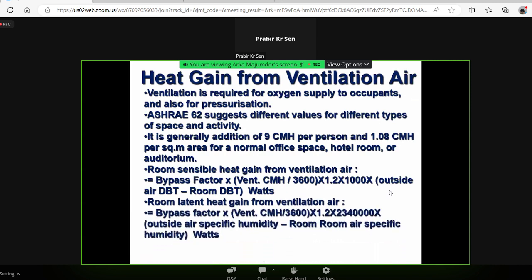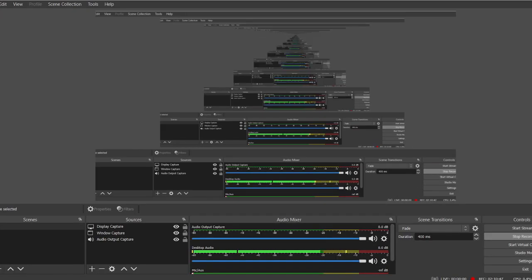This is the room ventilation air latent heat: 0.12 bypass factor, ventilation CMH, into 1.2, into 2.34, then the outside specific humidity, that means moisture content in grams per kg of dry air for outside air, minus grams per kg of dry air moisture content for inside air. So much watts will be coming as latent heat directly inside the room.